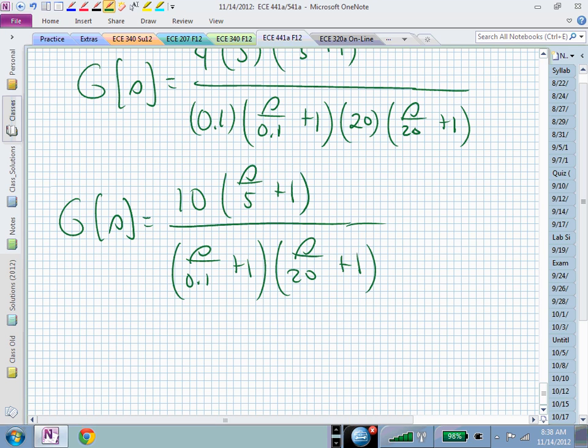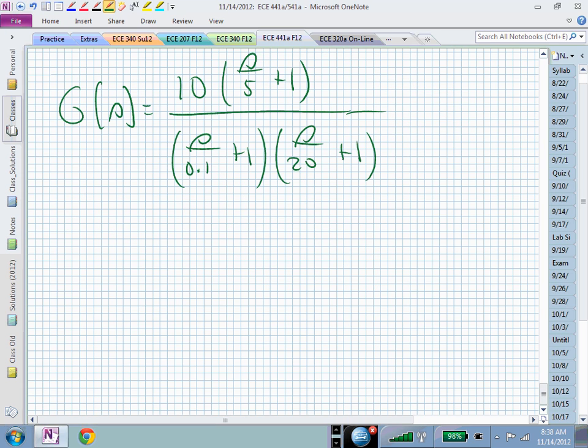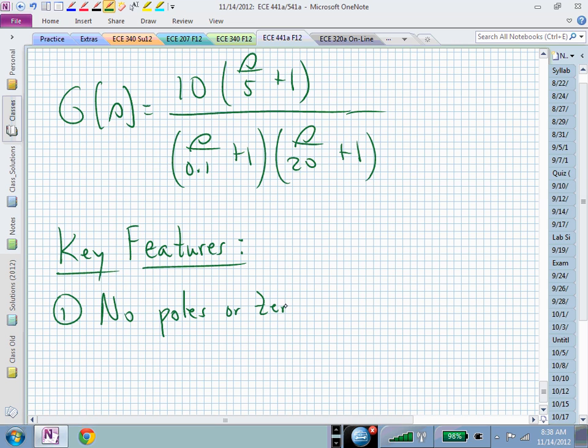So some of the key features, if you're just sketching this or thinking about what's happening, you might just say, well, what are my key features with this particular system? One thing that you can maybe note right off the bat, which makes things even easier, is that you do not have any poles or zeros at the origin.